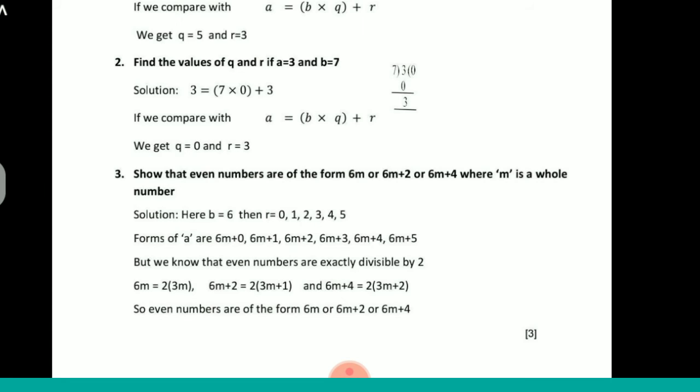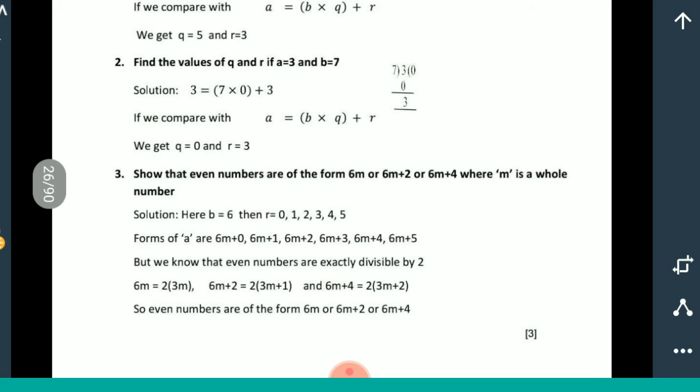So by saying the divisor is 6, can you write the remainders? Yes, we can easily write the remainders 0, 1, 2, 3, 4, 5. See children, the conditions are satisfied by the division algorithm statement. There we have r between 0 and b, that is, including 0 and less than b.